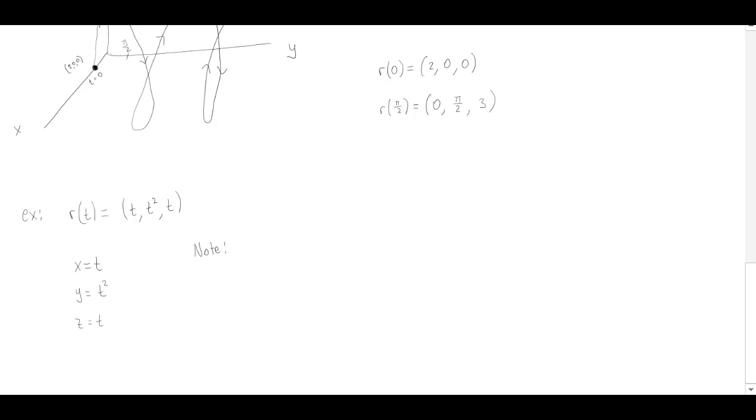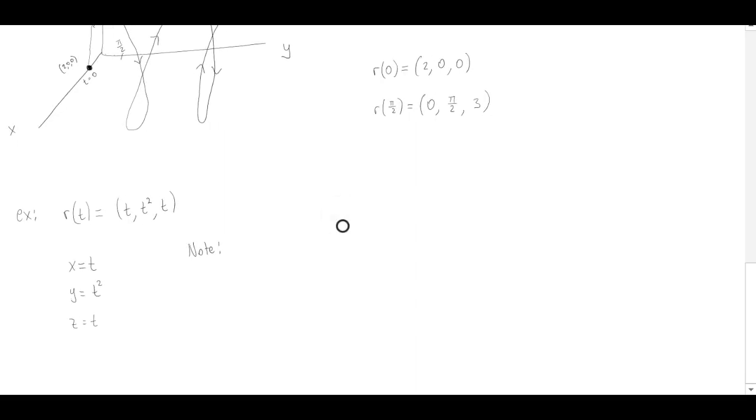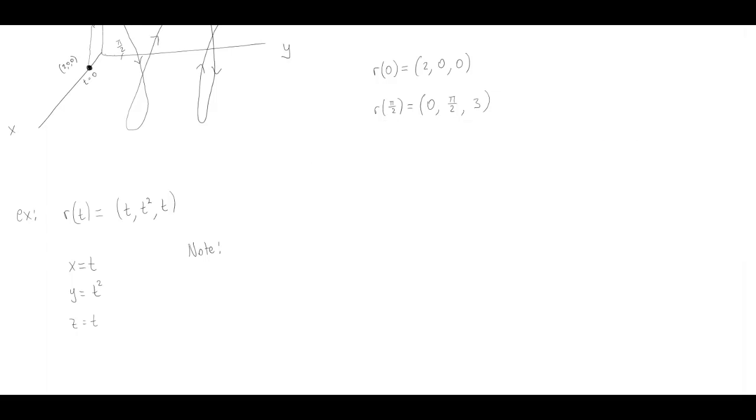We have x is equal to z. All right. So that doesn't give me a complete picture of the curve. That gives me some idea of what the curve will look like, okay?